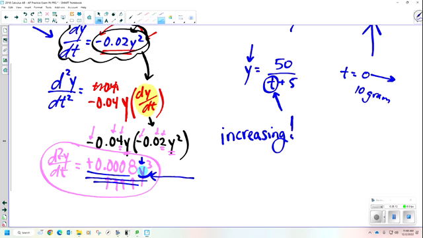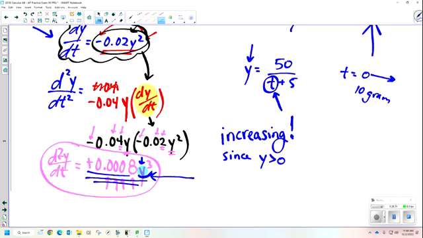Bam! I'm sure they don't appreciate the exclamation points. You could just say increasing. I just like to be, you know, dramatic. It's increasing, but explain. Use your words. Since y is always greater than 0, I like using inequalities instead of words if I can.